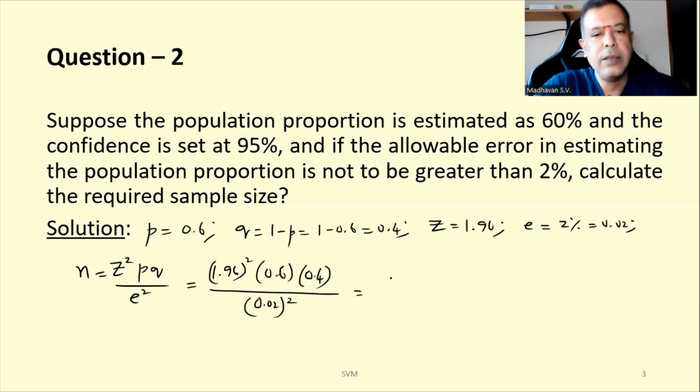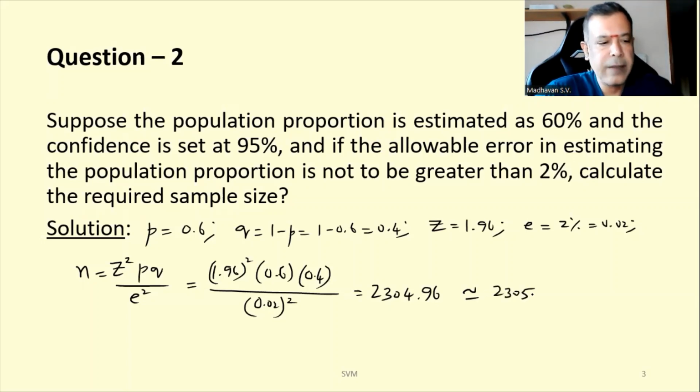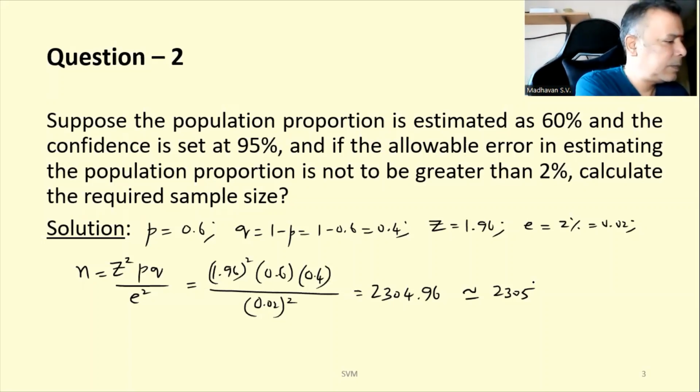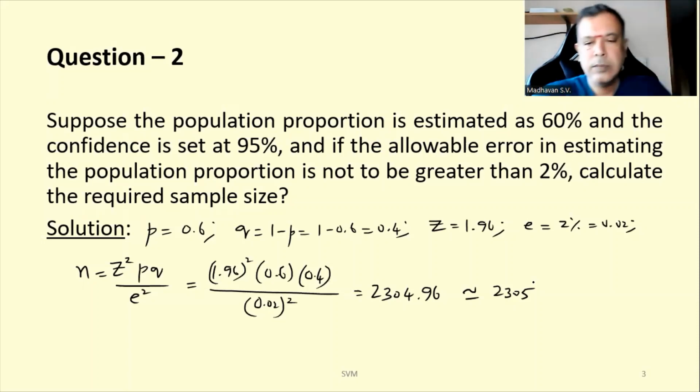So let us calculate that. 1.96 the square into 0.6 into 0.4 divided by 0.02, again divided by 0.02, because there is a square there. We get 2304.96, rounded off to 2305. That will be the desired sample size. Let us move on to the next question.